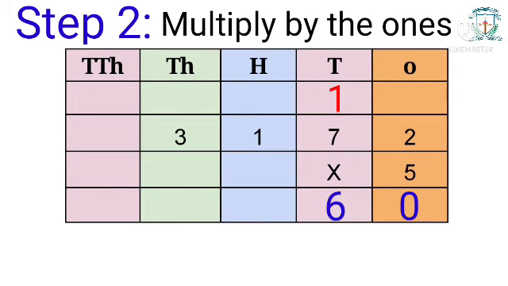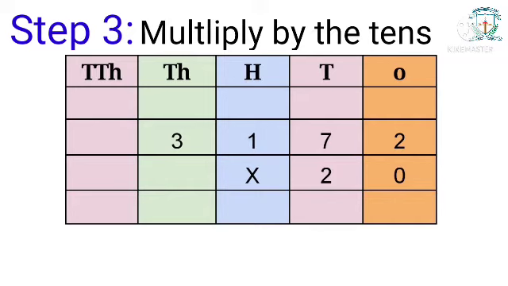Write 6 in tens column and carry forward 3 to the hundreds column. 5 ones are 5. 5 plus 3 is 8. Write 8 in hundreds column. 5 threes are 15. Write 5 in thousands column and 1 in 10,000s column. So, the product obtained here is 15,860.